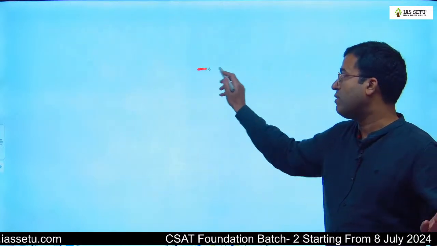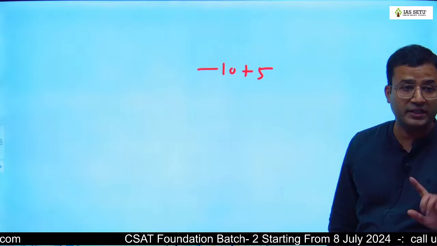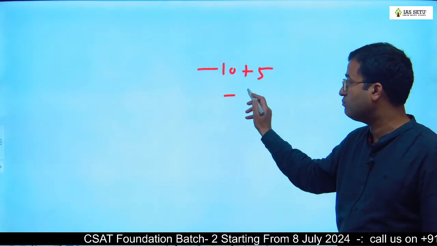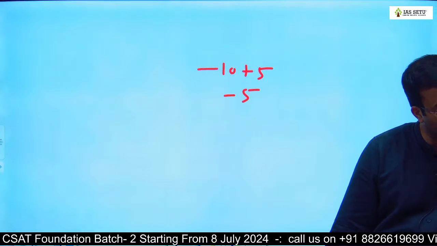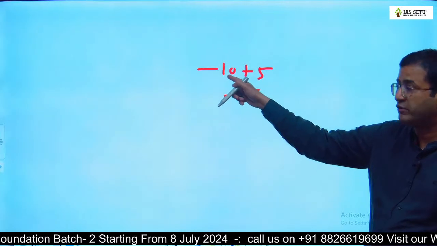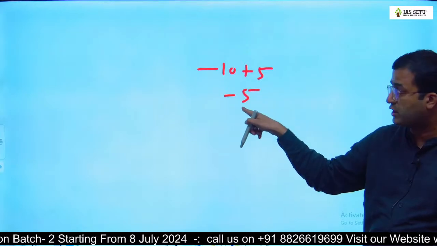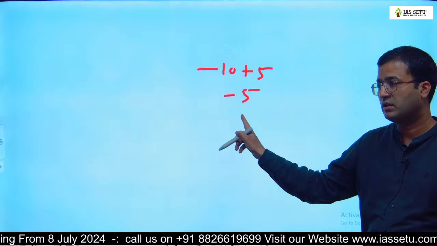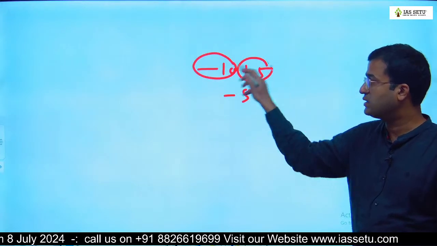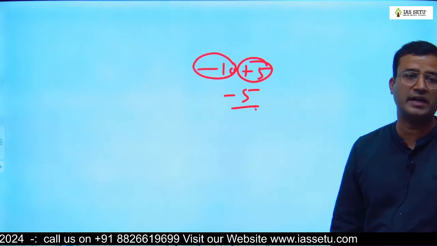Minus 10 plus 5 doesn't mean minus 15. You are adding two integers, one negative and one positive. If you add 5 to minus 10, never write minus 15. It is minus 10 plus 5, so minus 5 is your net result.